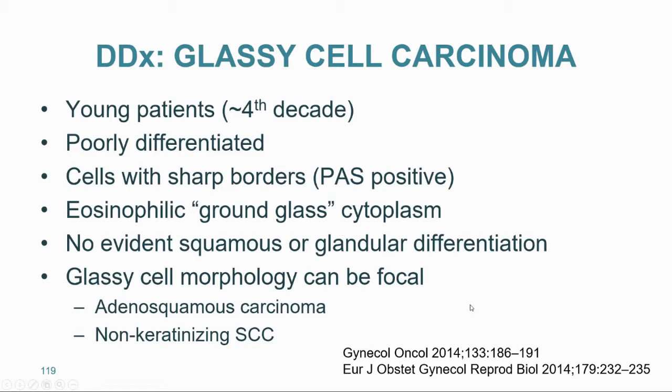Glassy cell carcinoma is understood by some as a variant of adenosquamous carcinoma, typically seen in young patients. It is a poorly differentiated tumor by definition, in which we see very large cells with abundant eosinophilic ground glass cytoplasm and no evident squamous or glandular differentiation. Some people classify this as adenosquamous carcinoma because of their electron microscopy findings.